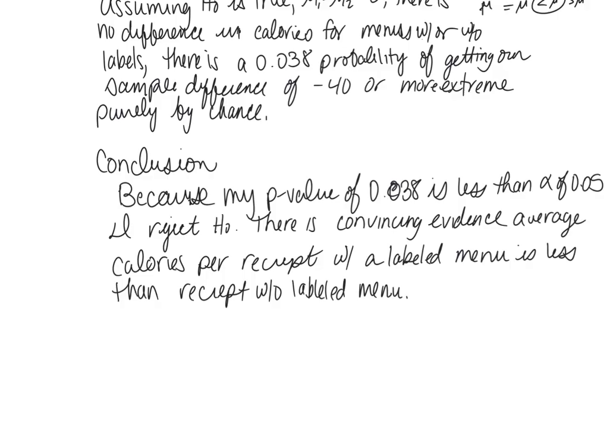Okay, so you have, though, that the p-value is less than alpha. That means we reject H0 and there is convincing evidence.